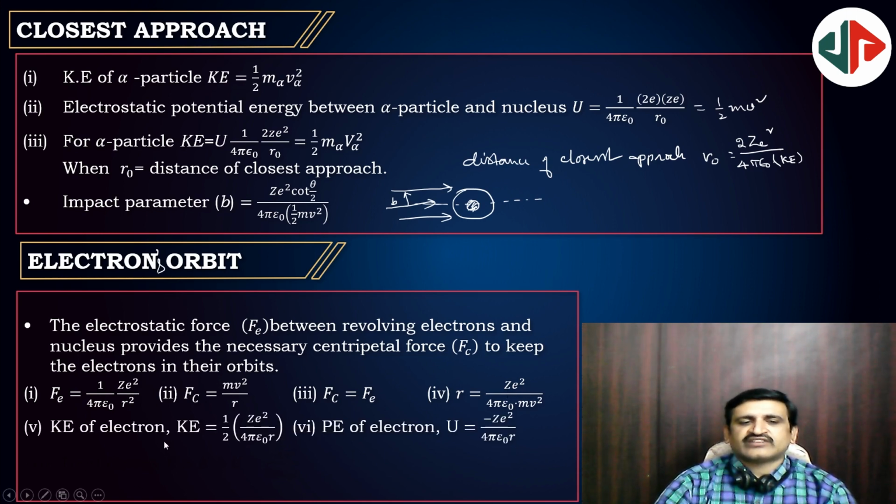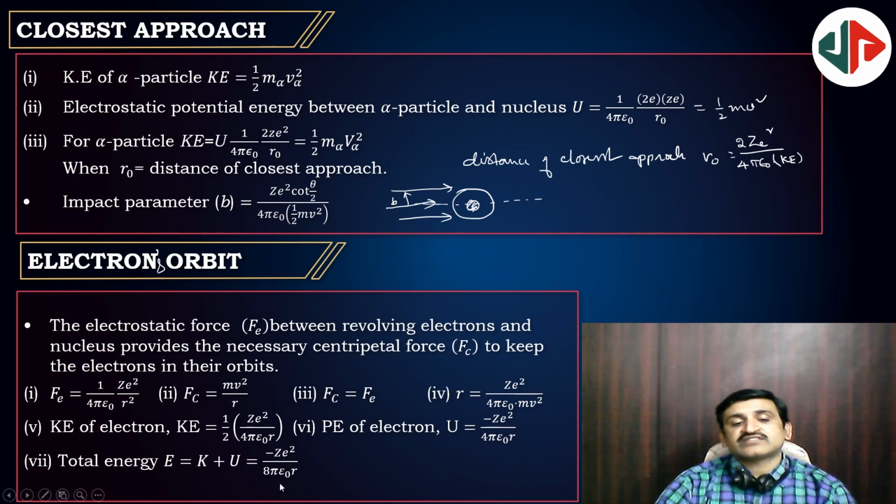Kinetic energy of the electron is half Ze square by 4 pi epsilon naught r, or Ze square by 8 pi epsilon naught r, and potential energy is minus Ze square by 4 pi epsilon naught r. Total energy is minus Ze square by 8 pi epsilon naught r. So total energy and kinetic energy are oppositely signed. Kinetic energy is never negative. Potential energy is double of it.